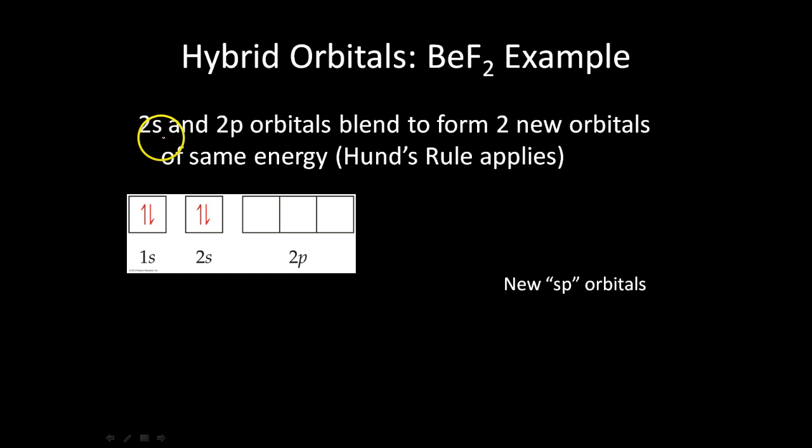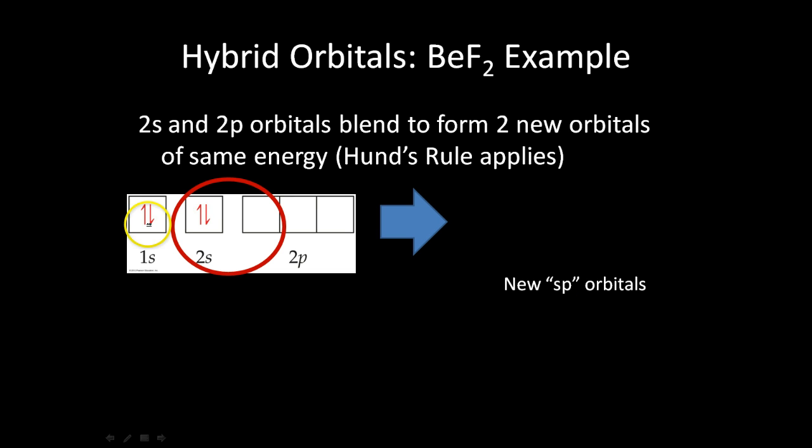And so what you do is you get a blending of an s orbital and a p orbital to form two new orbitals of the same energy. So it's kind of like putting s and p orbitals into a blender and then getting sp orbitals mixed up. That's what we call these new hybrid orbitals. They're sp orbitals.